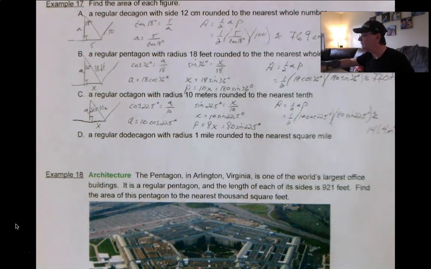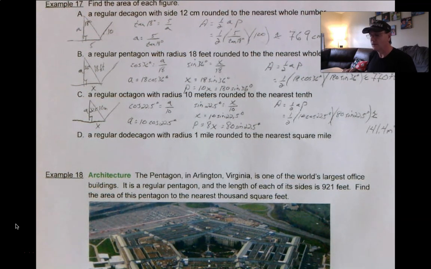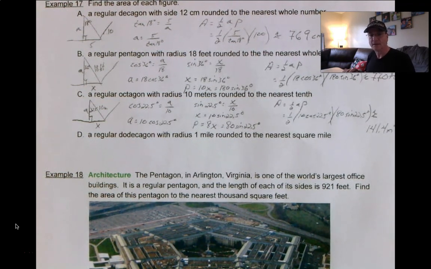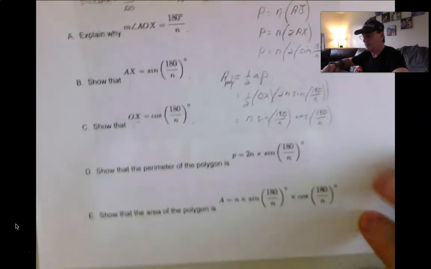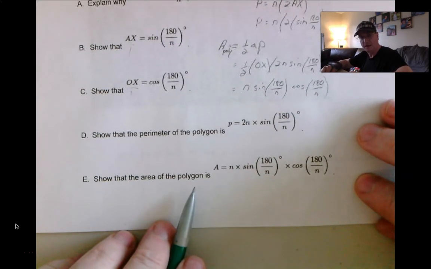Part D, we have a regular dodecagon with a radius of 1 mile, rounded to the nearest square mile. So this time I'm going to go back to what we did a few minutes ago, on the previous side, where we showed the area of the polygon.